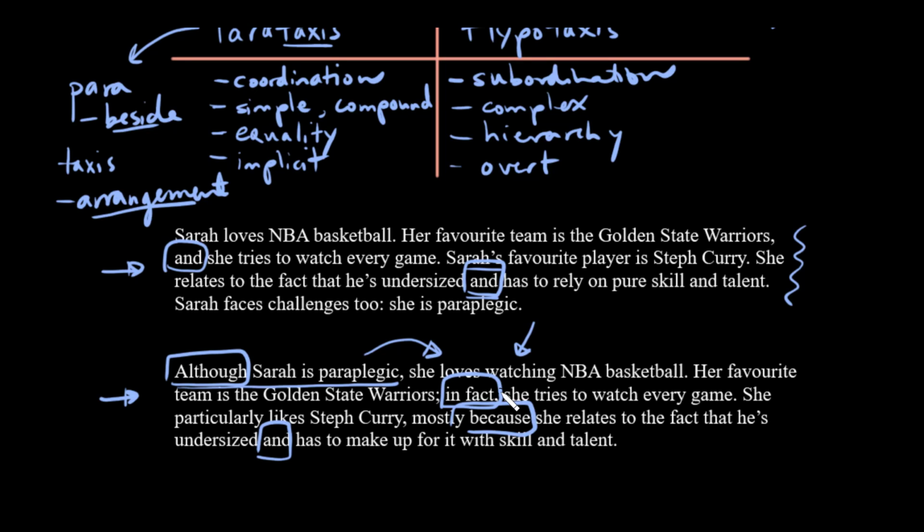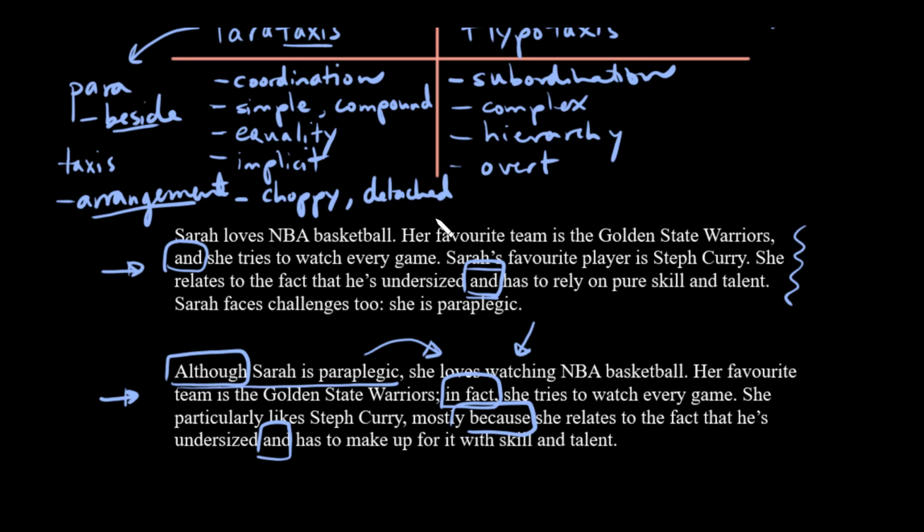And as a result, we can really capture the difference in style by saying that parataxis tends to create an effect that's more choppy and more detached. And that can be an emotional detachment as well. If you read Hemingway again, the effect is often of a journalist, a reporter, just saying, well, here are the facts, boom, boom, boom, boom.